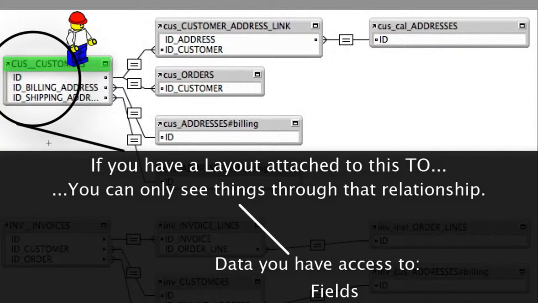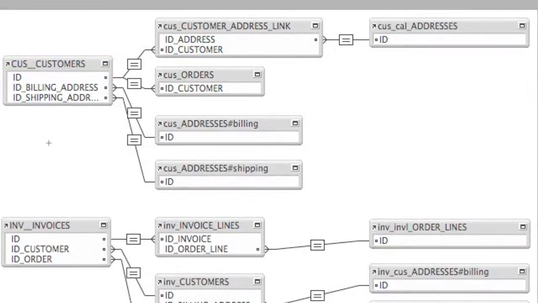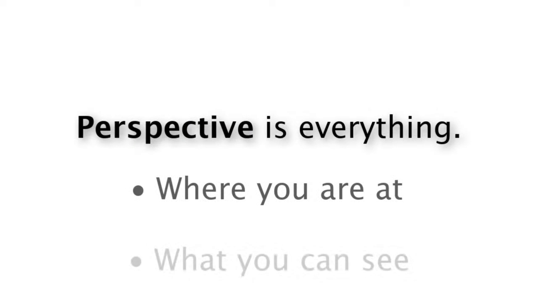And if you have a script that's running in the context of that layout from that table occurrence, that script only has access to data through those relationships at that moment in time. That's super important. As we talk about in writing scripts, perspective is everything. You have to know the context of where you're at and what you can see.